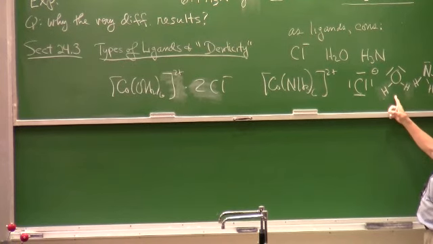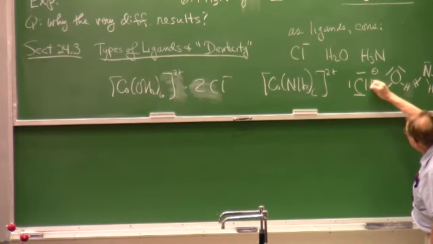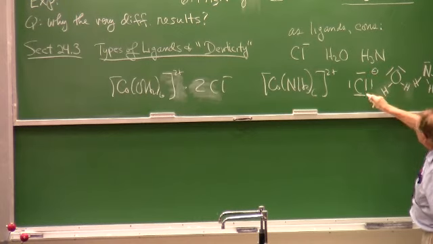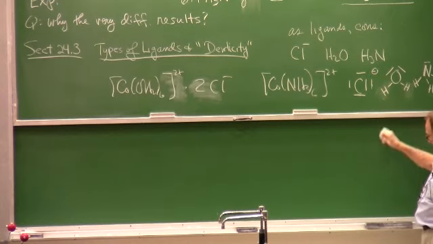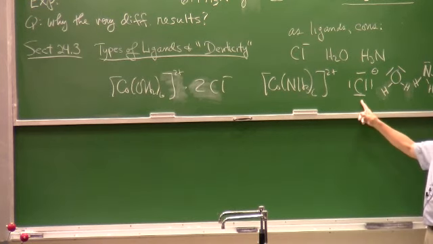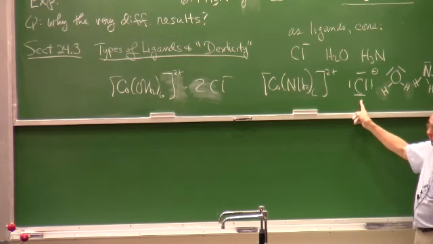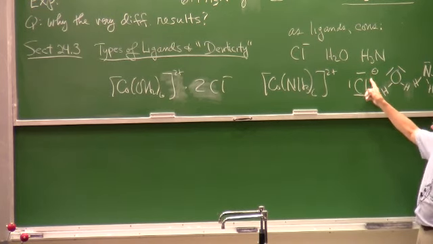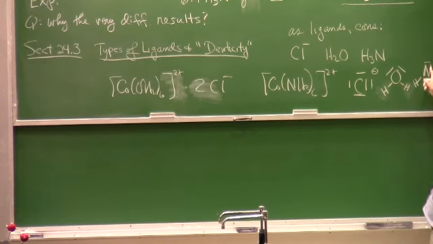Ammonia, water, chloride ion. Four non-bonding pairs, plus a negative charge. Two non-bonding pairs, one non-bonding pair.